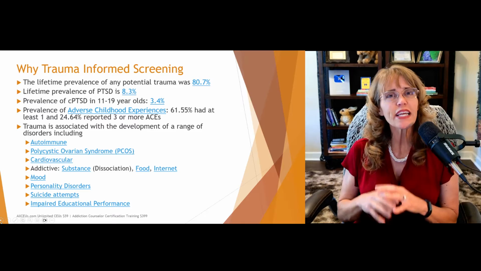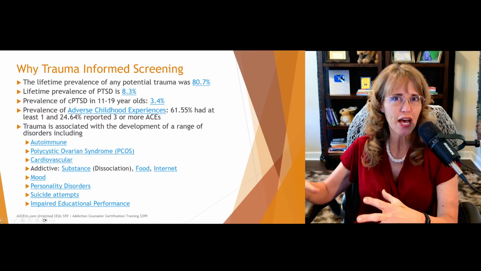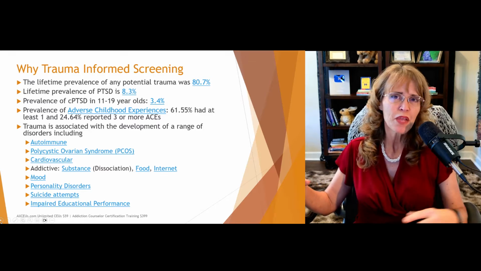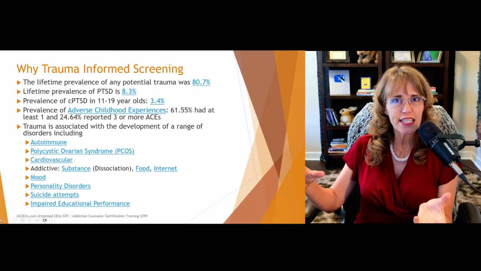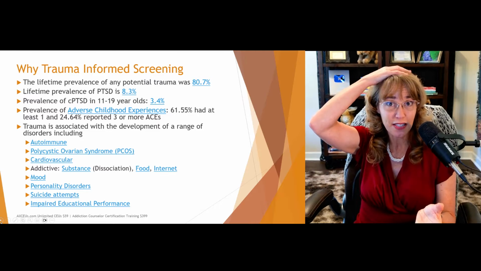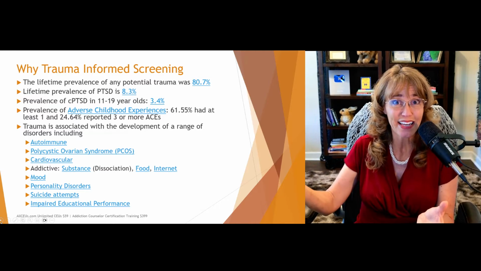So by screening for that, we can recognize, yes, we can treat the hypothyroid with certain medications, but let's also address this underlying issue that is keeping the stress response and the nervous system out of balance and exacerbating this problem.